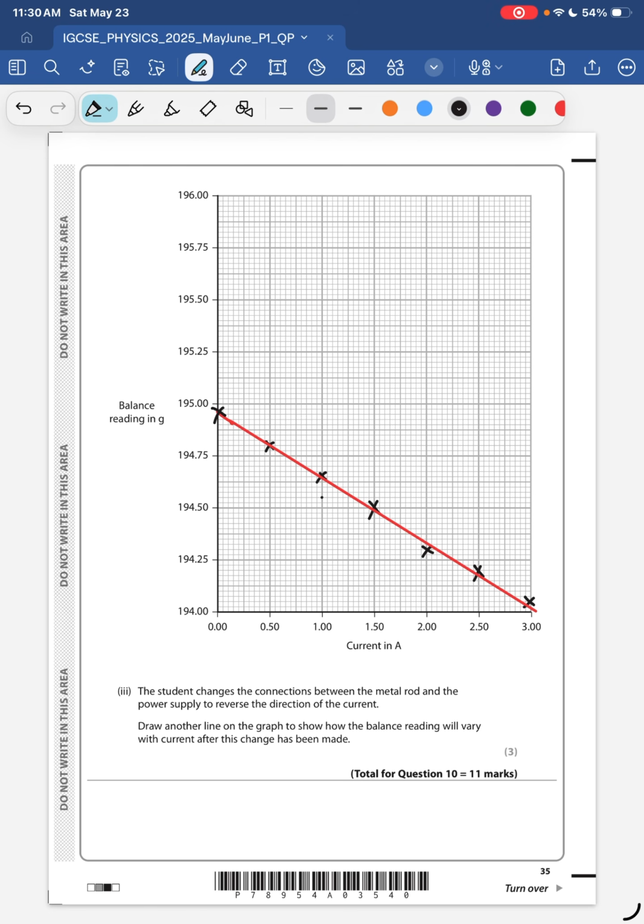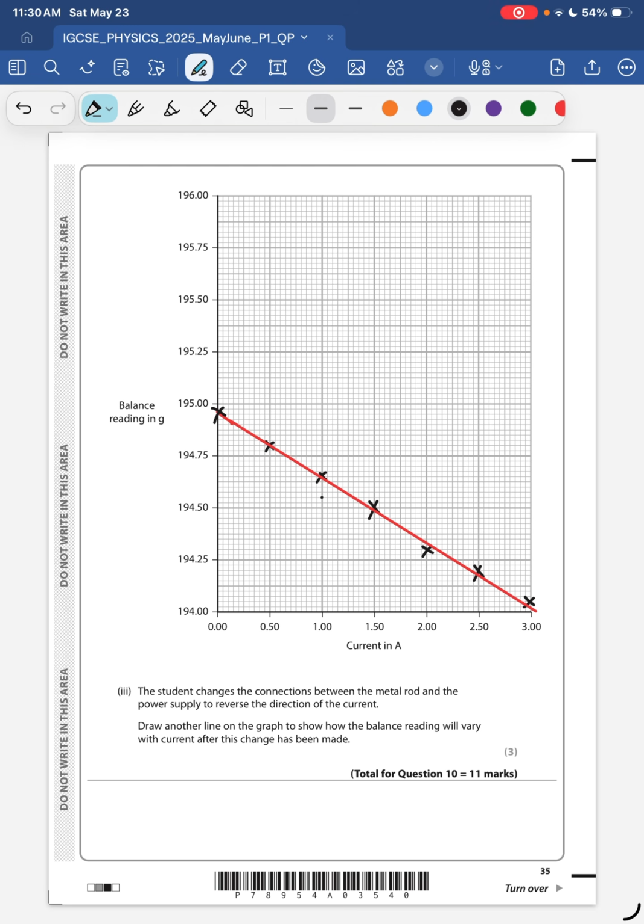Part 3, the student changes the connections between the metal rod and the power supply to reverse the direction of the current. Draw another line on the graph to show how the balance reading will vary with current after this change has been made. Now the balance reading will increase as we increase the current, starting from the same point.